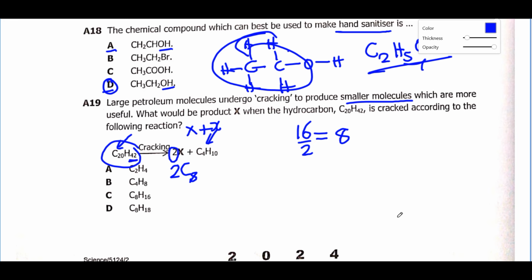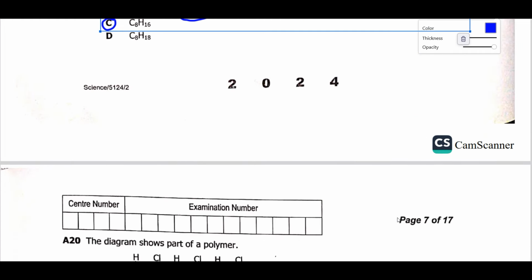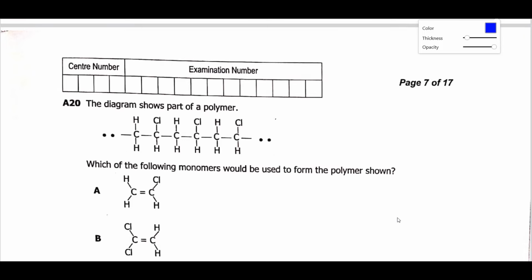There are 42. 42 minus 10 is 32. 32 over 2 gives us 16, which tells us that we are going to have 16 atoms of hydrogen. So the molecular formula that we are looking at is C8H16. Our answer is C. So make sure you preserve it, the number of atoms must be equal.